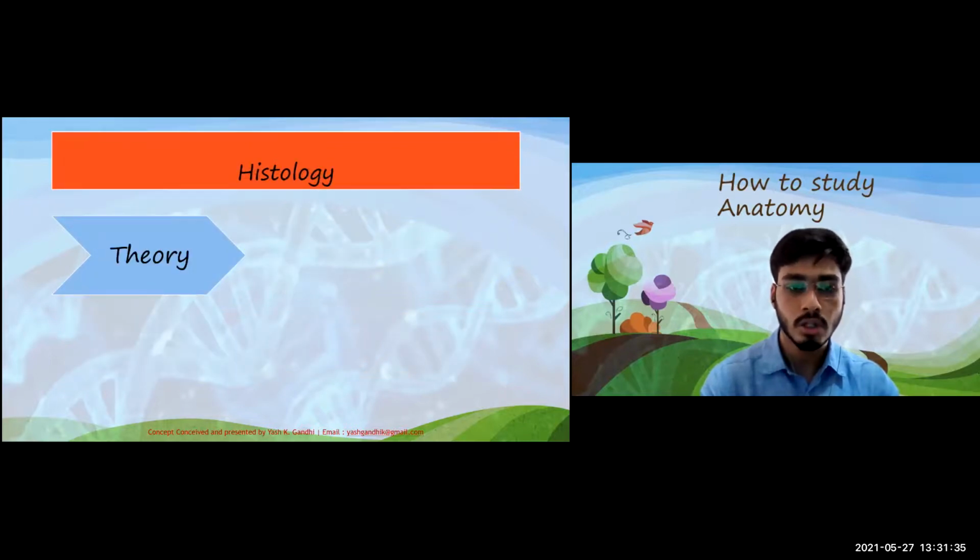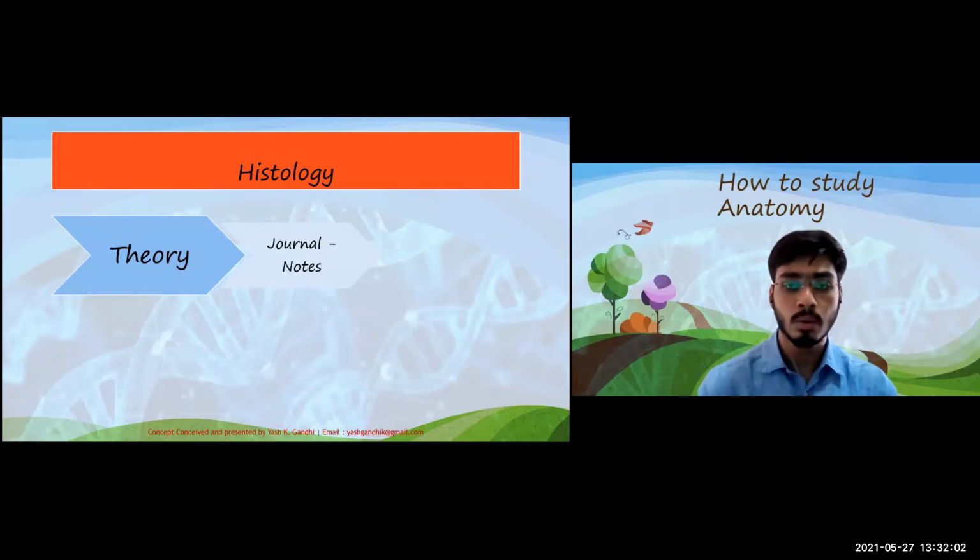Now coming to histology. In the theory part of histology, as I also told you in the video on which books to read, all the colleges provide a journal in which everything is given in the form of notes. So you can just read those notes and write in exams. There is no need to read in detail from the textbooks, but still, if you wish, you can read.